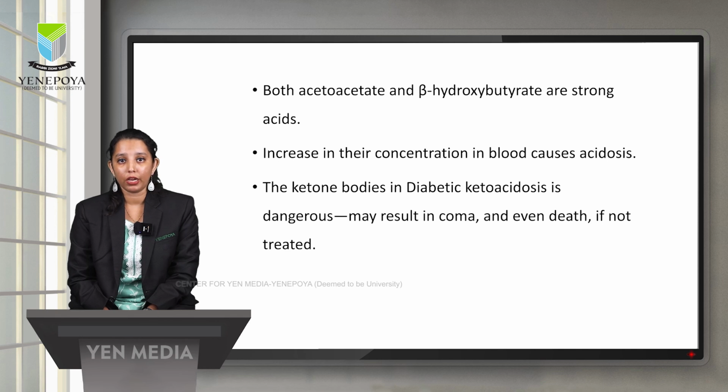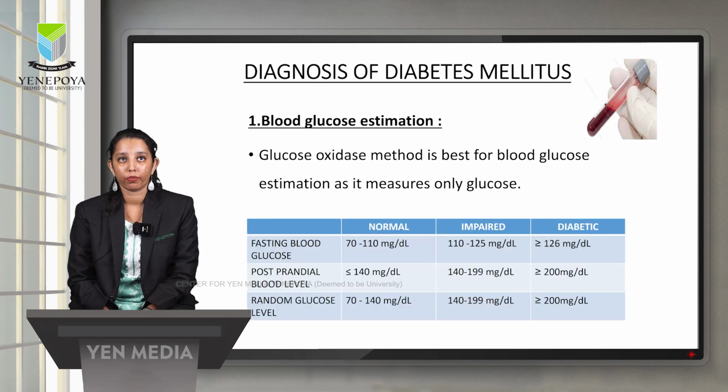Among the ketone bodies, we have acetoacetate and beta-hydroxybutyrate. They are strong acids and they reduce the pH, causing acidosis. An increase in their concentration in the blood causes diabetic ketoacidosis, which can be life threatening and can result in coma, even death if not treated.